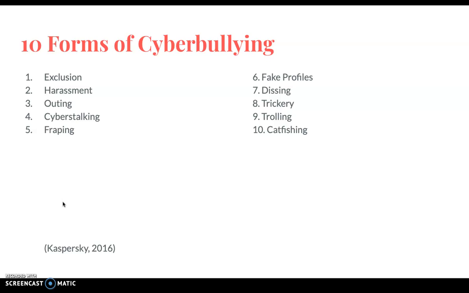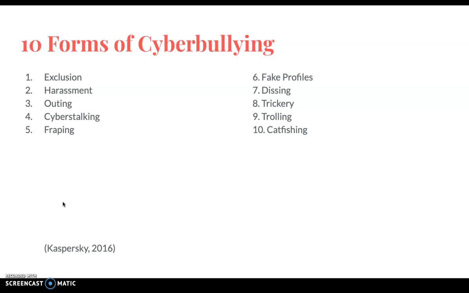Cyber stalking. Then there's fraping, someone that logs into your account and uses it as if they're you. So they can put really mean things on your social media, and it'll make you look bad. Fake profiles: say I make a fake profile and I use the name Jane Smith, and then I use it to be mean to my other teachers.